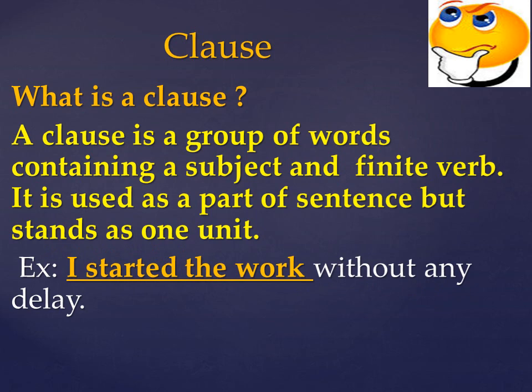Look at the example here. I started the work without any delay. I started the work. Here, I started the work is the clause, as it has a subject and verb. It is the part of the sentence, and it works as one unit, and it is a group of words, so it is a clause.